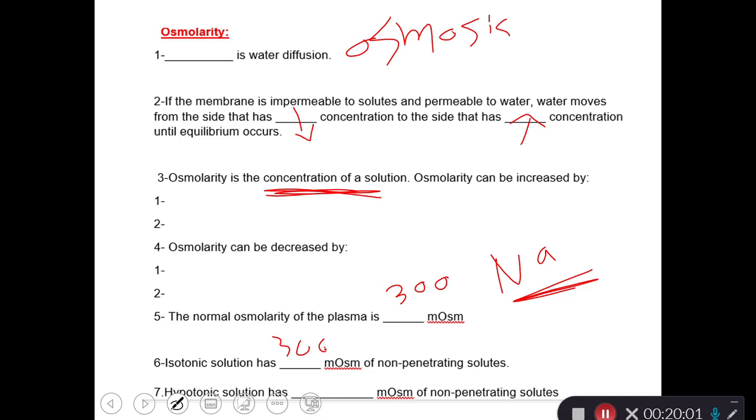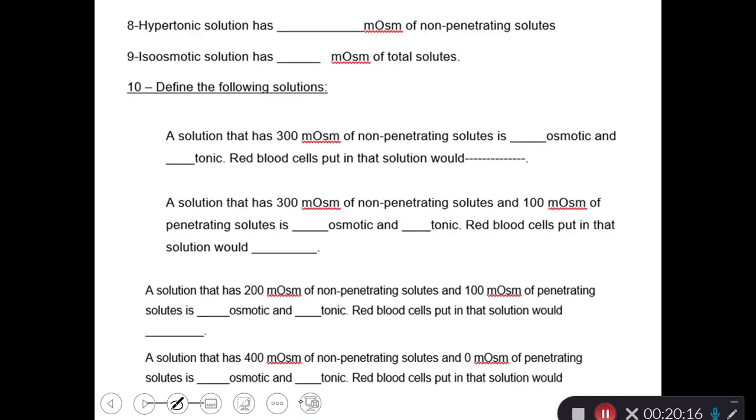If the solution is hypotonic, then it has less than 300 milliosmoles of non-penetrating solutes. Hypertonic solution has more than 300 milliosmoles of non-penetrating solutes. And how about isoosmotic? The isoosmotic has 300 milliosmoles of total concentration, regardless if it is penetrating or non-penetrating.